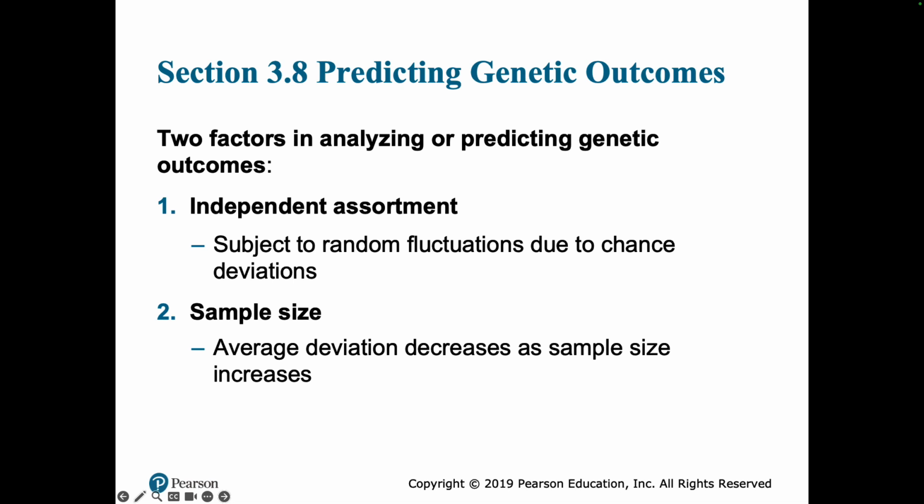But if we had a really small sample size, let's say we only got 4 plants out and they were all purple or they were all white, there's a really good possibility that getting all 4 purple or all 4 white arose just by chance, because of randomness and independent assortment, the randomness of which gametes get made and fertilized, etc. As we increase our sample size, just like Mendel did with hundreds or thousands of plants, you start to see what the true pattern is, and that true pattern became that 3-to-1 pattern.